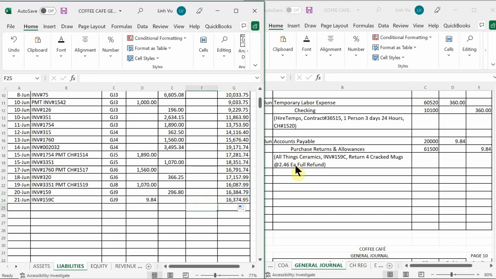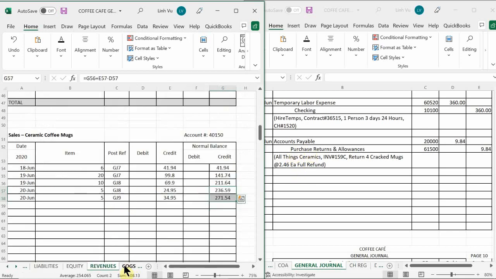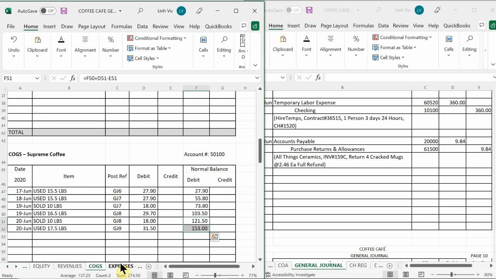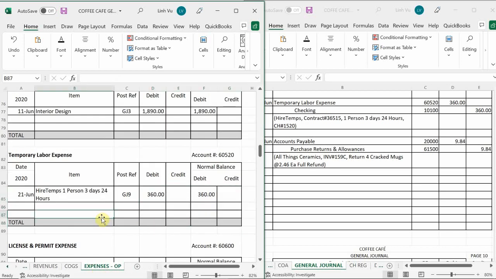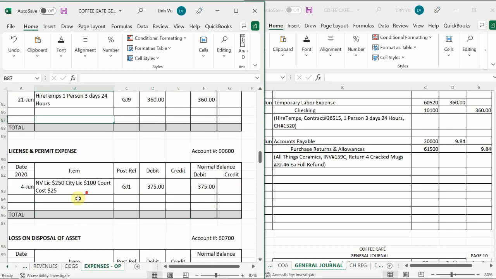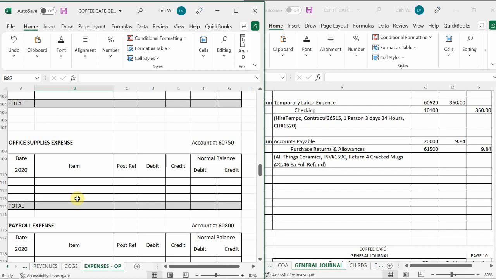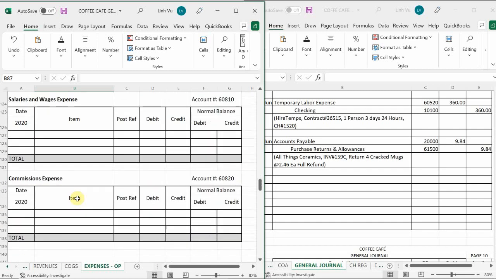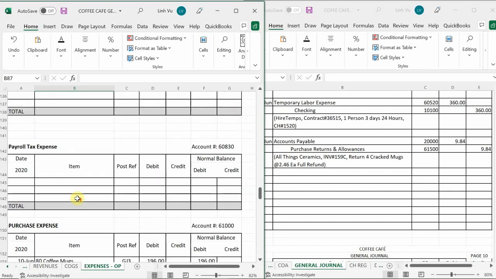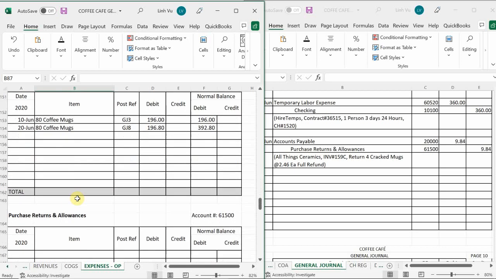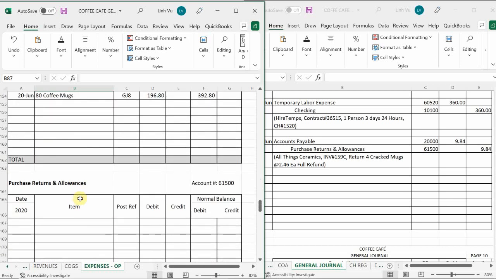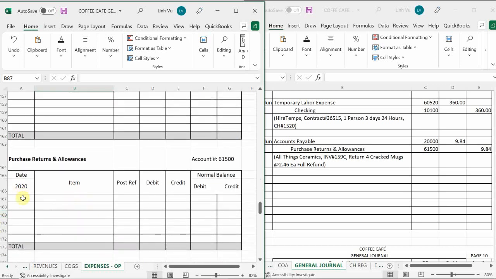And then because I have a purchase returns, which is going to be a contra account to my purchase expense account, there you go. Purchase returns and allowances.